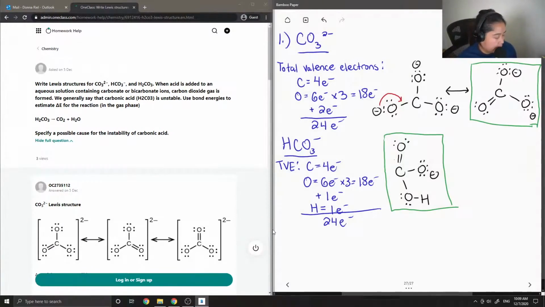Okay, so now let's do carbonic acid. Carbon, 4 electrons. Oxygen, 6 times 3.